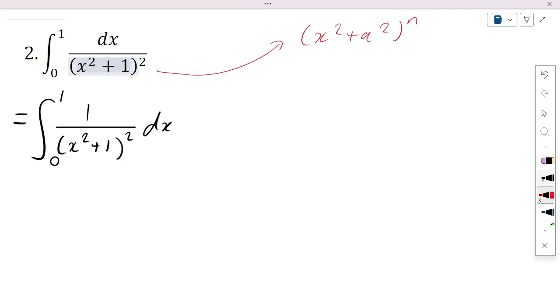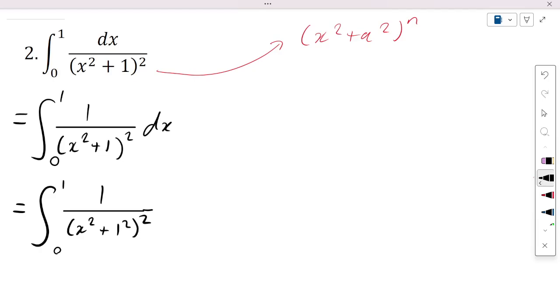So what's going to happen here is the following. Because it's basically the same as the last one, we have the addition with the a squared and x squared, but we're going to just quickly break it down like this. This can also be written as 1 divided by x squared plus 1 squared, because 1 is a perfect square of itself as well.